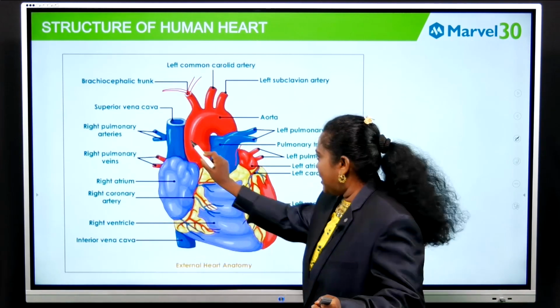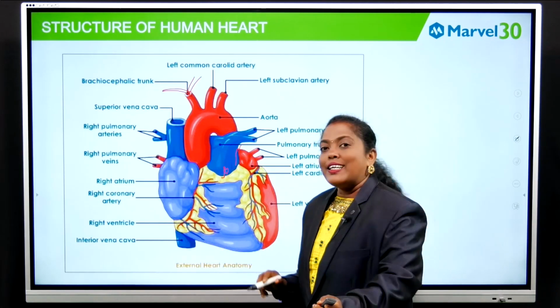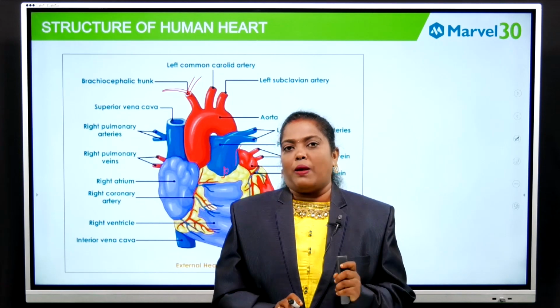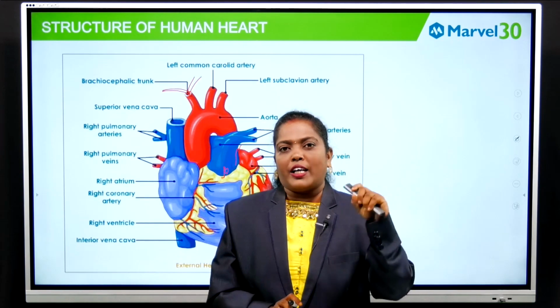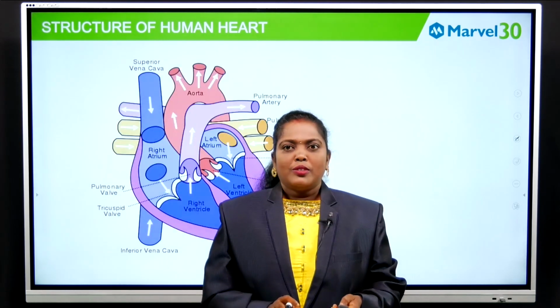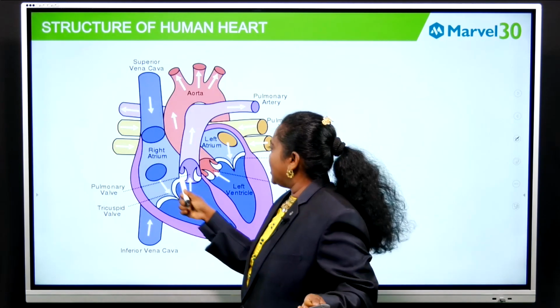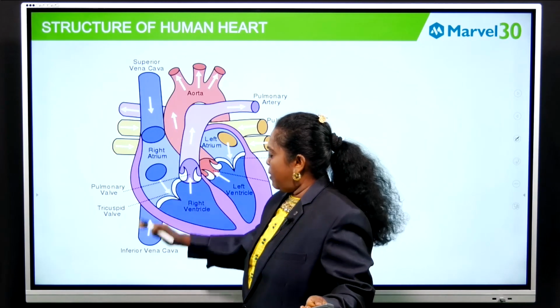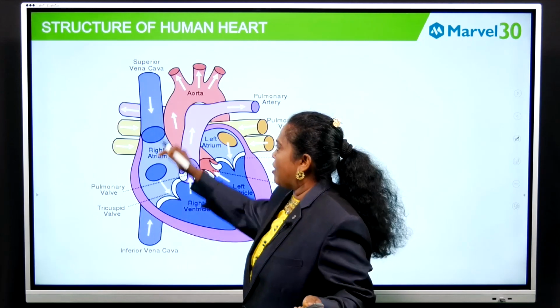And you can see the vena cava here. This vena cava will carry the deoxygenated blood from all parts of the body to the right atrium. If it is present below the heart, it is the inferior vena cava.